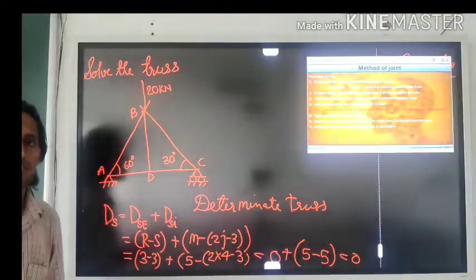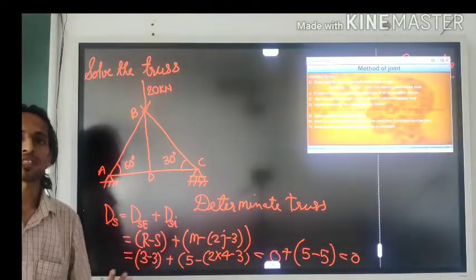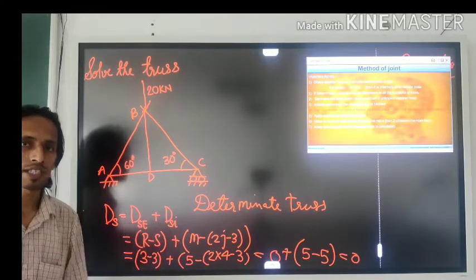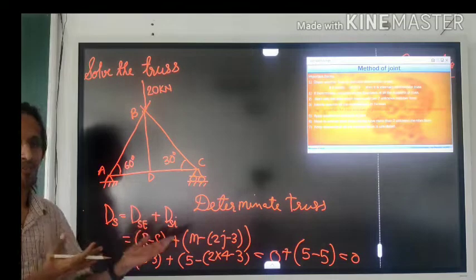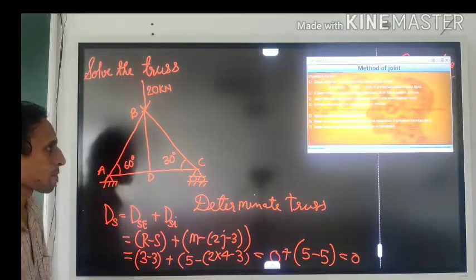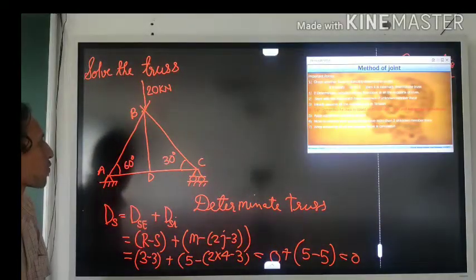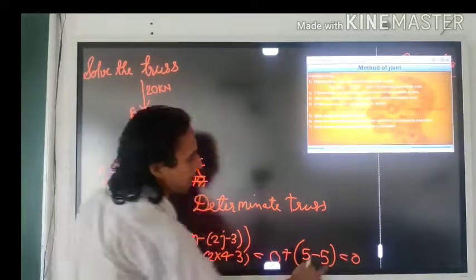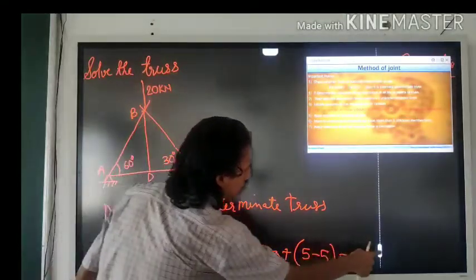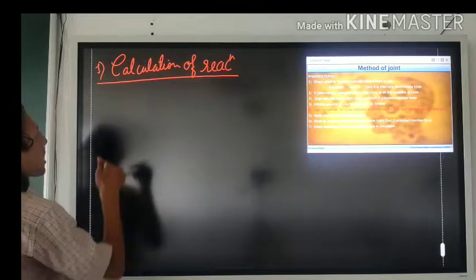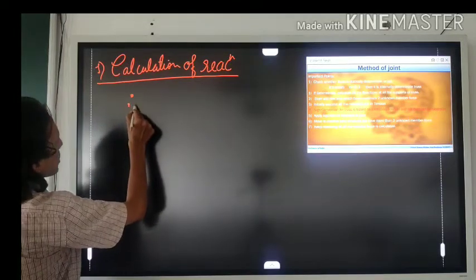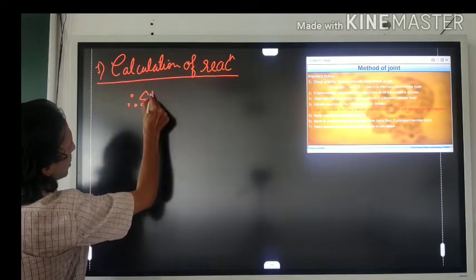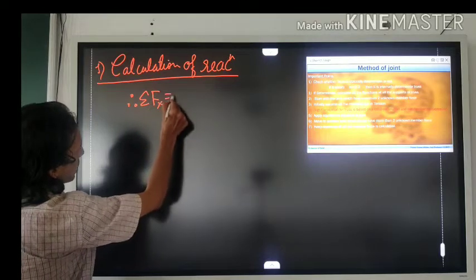Basically there are three equations: summation of Fx is equal to 0, summation of Fy is equal to 0, and summation of moment at any point is 0. The first equation we are going to apply is for all the forces in the x direction: the summation of forces in the x direction is 0.